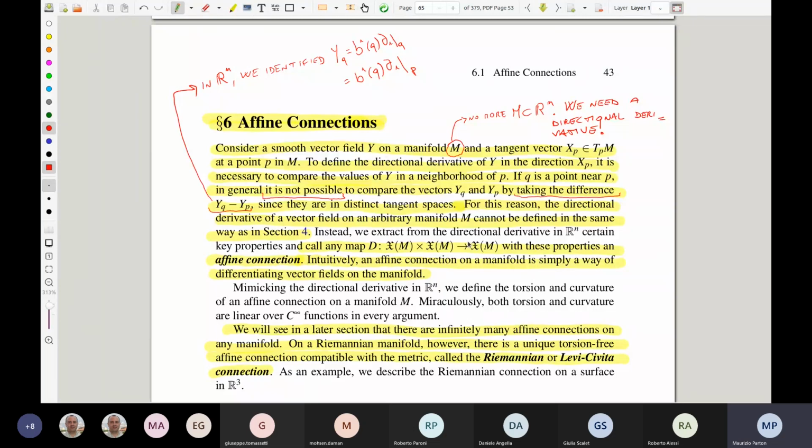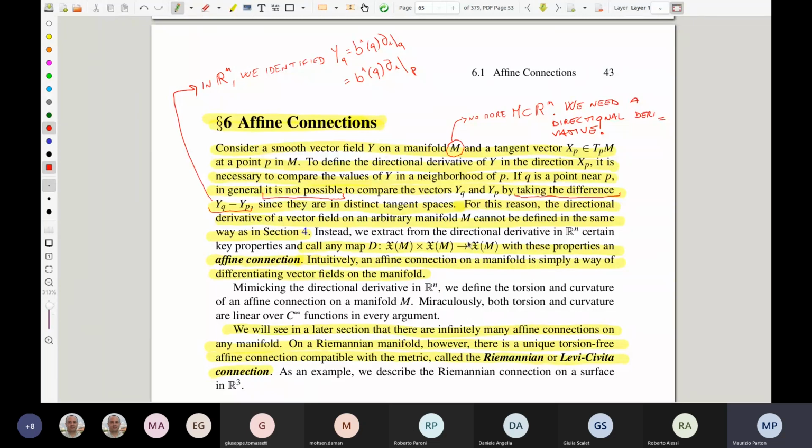Okay, so no problem. But now we say, I would like also something more intrinsic. If I have just a manifold, not embedded in Rn, what can I do?